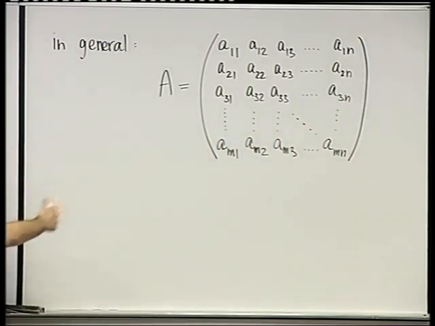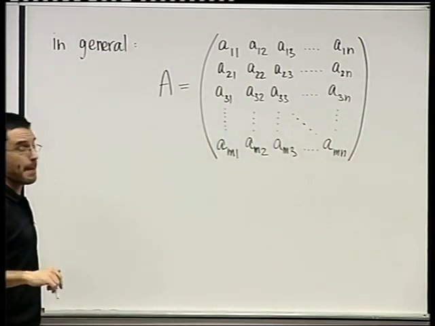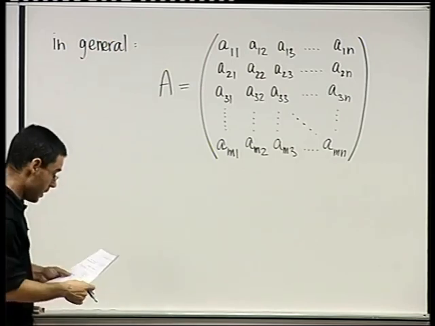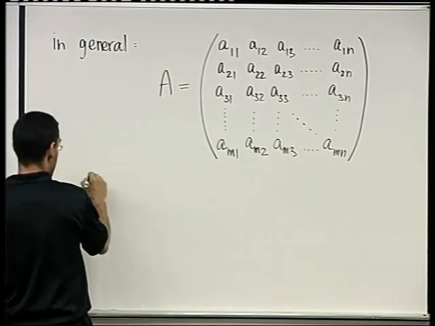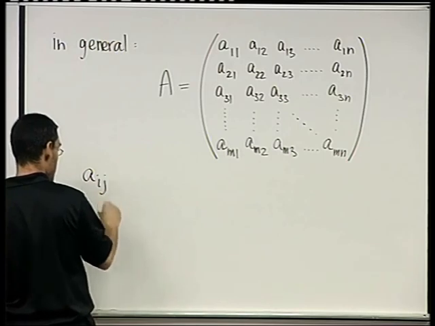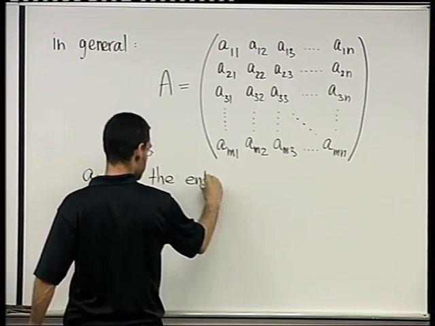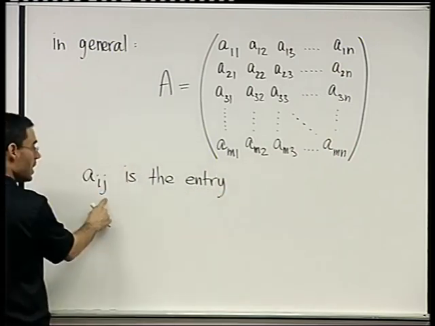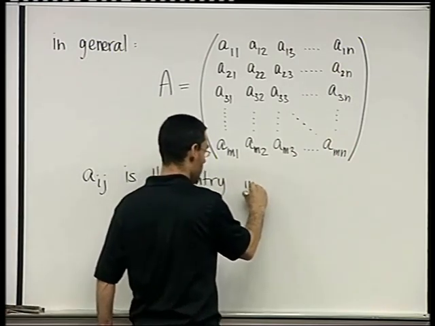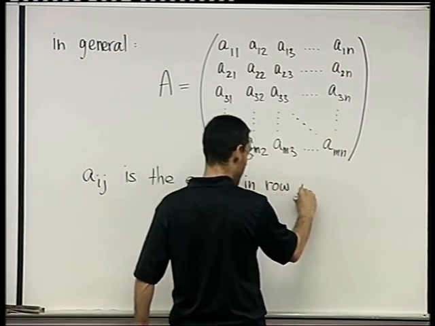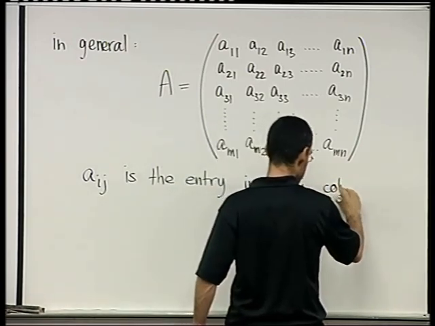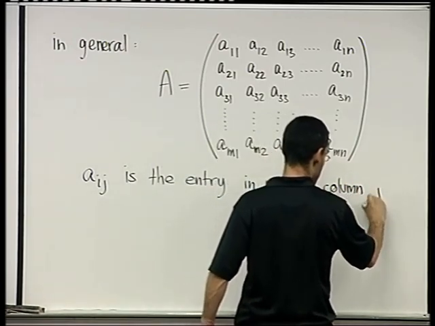So this is, in general, what an abstract m by n matrix would look like. Aij is the entry in row i, column j.